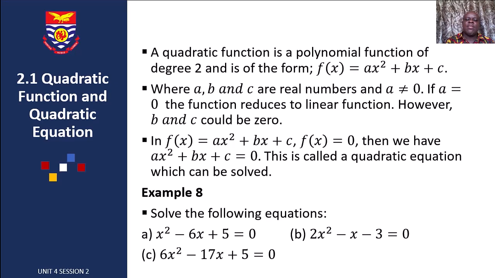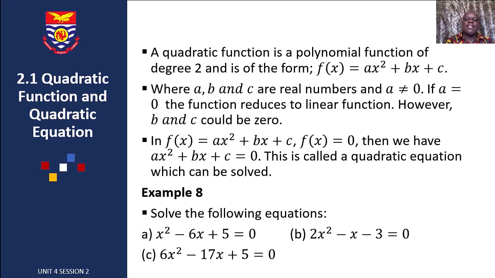Example, solve the following equations. A. x squared minus 6x plus 5 is equal to 0. B. 2x squared minus x minus 3 is equal to 0. And C. 6x squared minus 17x plus 5 is equal to 0.